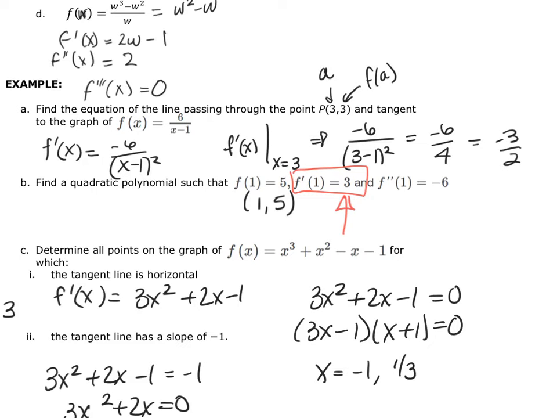So for a quadratic, what do we call that turning point? A vertex. So if they had given that equal to 0, then I know that (1, 5) is the vertex. Does that make sense? Okay.